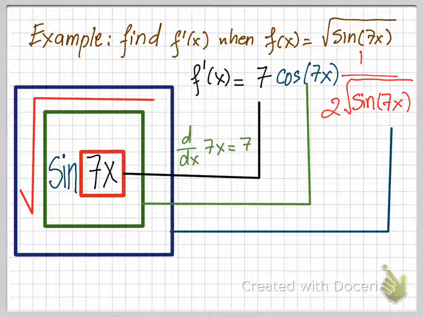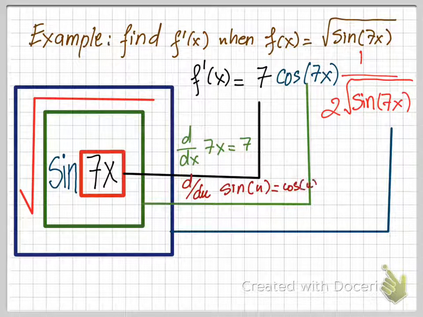As you can see, the derivative of 7x in terms of x is 7. And then if you let u equal 7x, the derivative of sine of u will be just cosine of u, which is cosine of 7x.